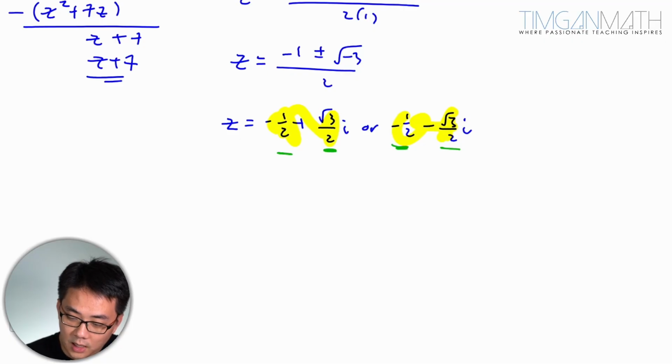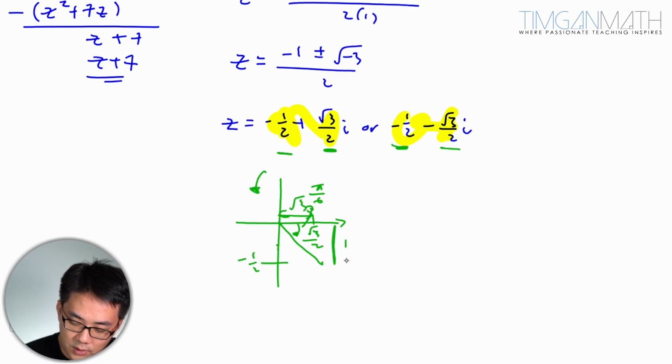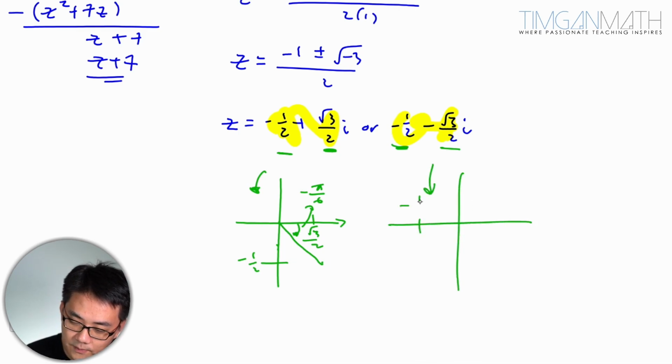Okay, so this ratio is 1 to root 3. Very quickly, I'm going to write down what is the argument for this one. This is root 3 over 2, then this is minus half, right? The argument here would be pi over 6, because this is root 3 and this ratio is 1, so it's 30 degrees, so negative pi over 6.